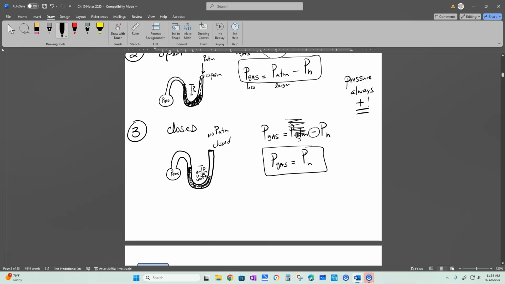Okay? So, number 1, know the 3 scenarios. Know the equations. And then be careful, know how to draw the barometer. Which side, higher or lower?